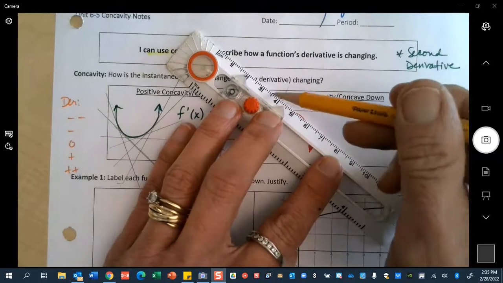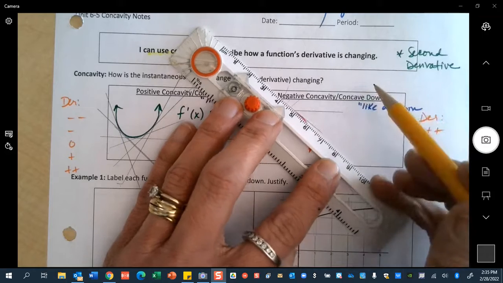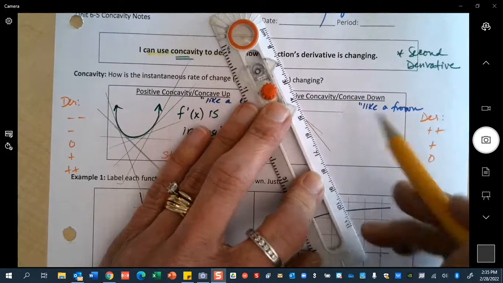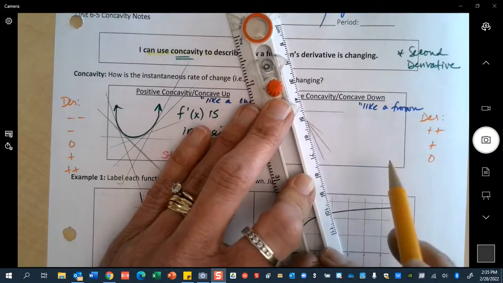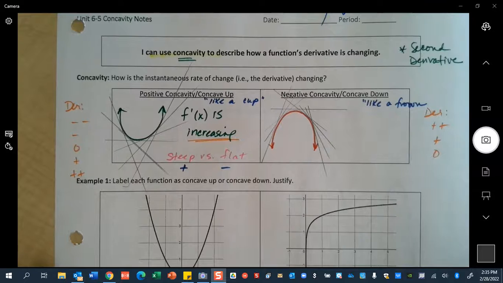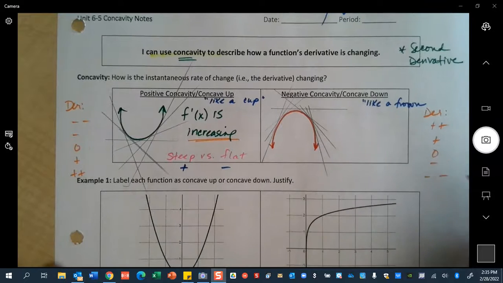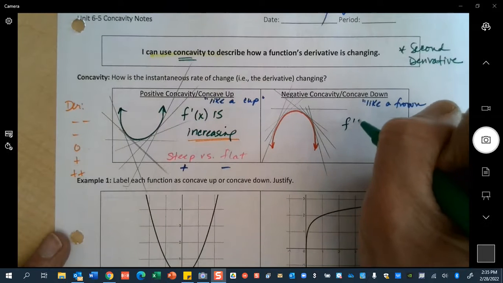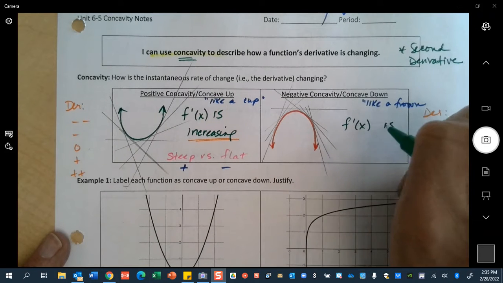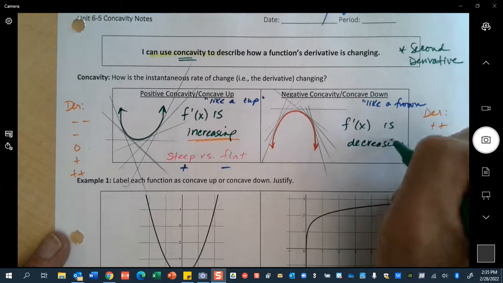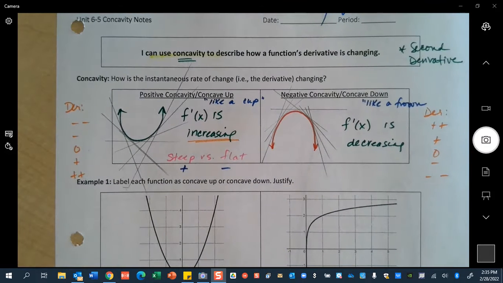Then I start having a derivative with a negative value, a derivative with an even more negative value, a derivative with a more negative value. So as my derivative goes negative and then more negative, I realize that my derivative value is decreasing because it's getting smaller and smaller.